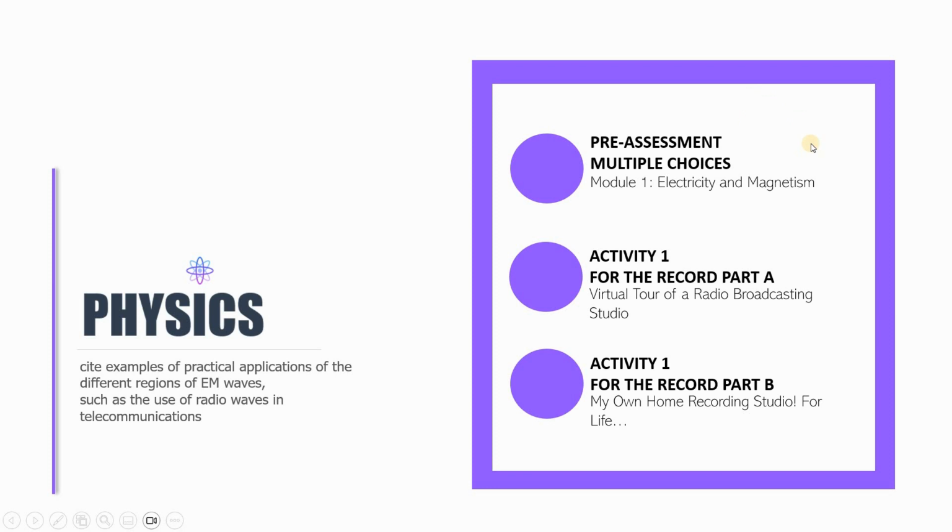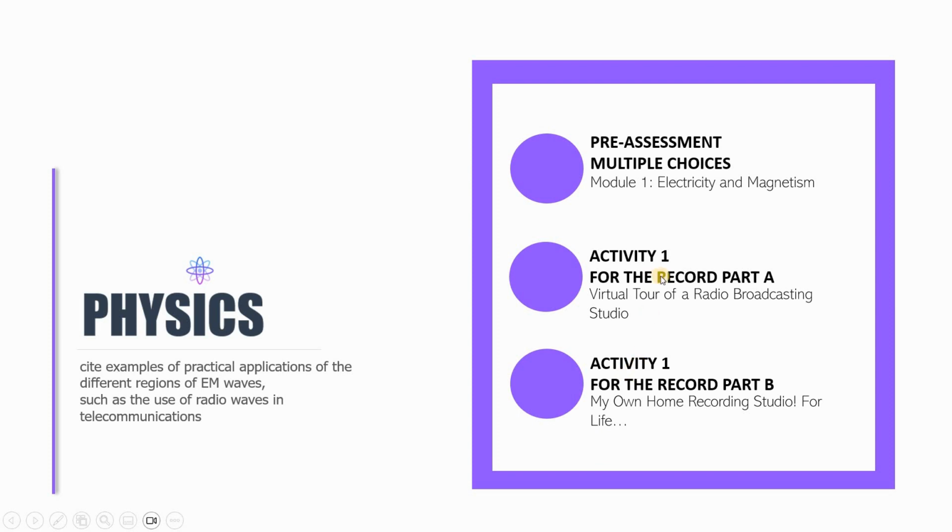For this second session, we were capable of finishing the following. The first one was a pre-assessment. It was a multiple choice pre-assessment about different concepts, different words that you will be encountering in Module 1, electricity and magnetism. The second part was the first part A, of Activity 1. For the record, it was a virtual tour of a radio broadcasting studio, and in our case, we used photos to do this activity.